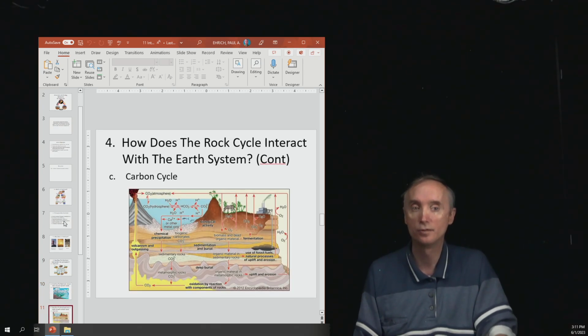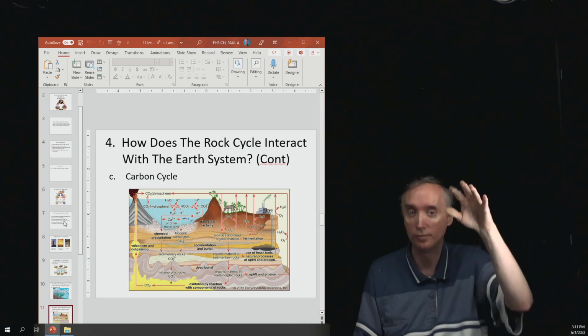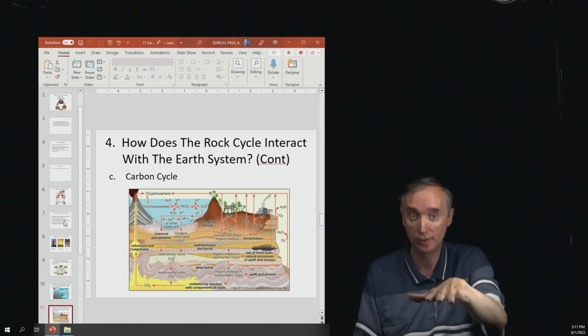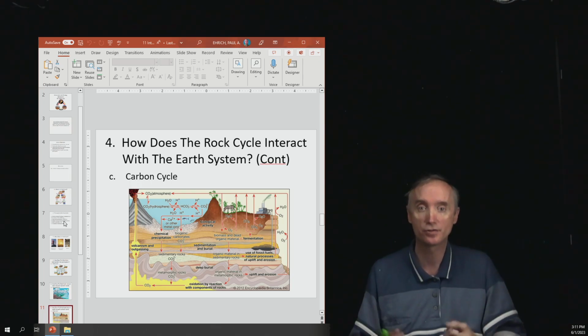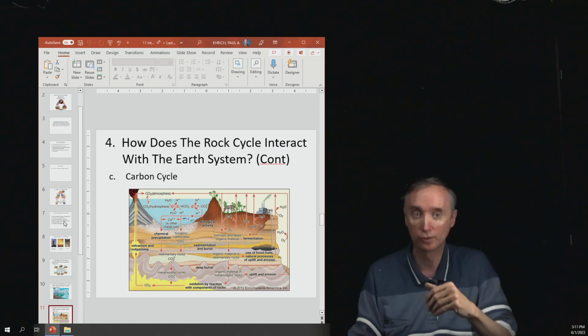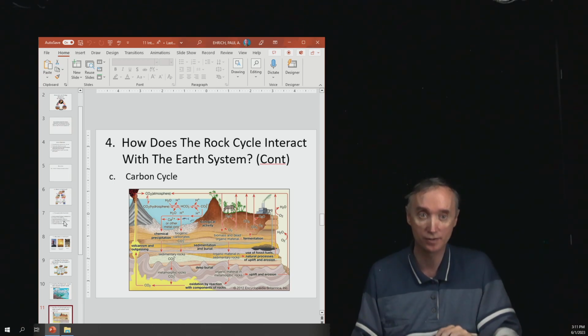Okay, then you've got the carbon cycle. Carbon dioxide comes out of volcanoes, and then when it mixes with ocean water, it precipitates as calcium carbonate. That's a sedimentary rock. But also, we said that carbon dioxide could be a fluid that could percolate through a rock, and that could metamorphosize it.